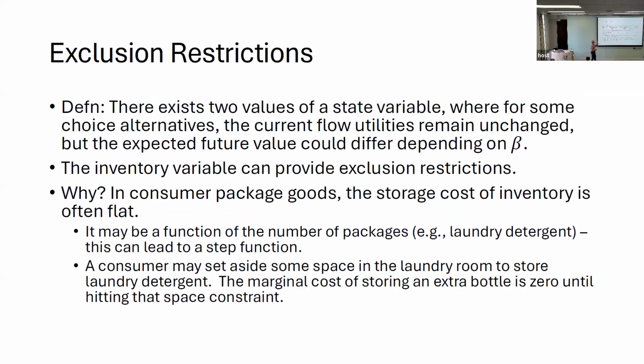In the context of consumer stockpiling, we ask what kinds of restrictions are natural, that can be motivated by the institutional setting, and can help us pin down the discount factor. One clear variable we can argue for is the inventory variable by itself. This is the most important state variable that we face in the consumer stockpiling problem, right?